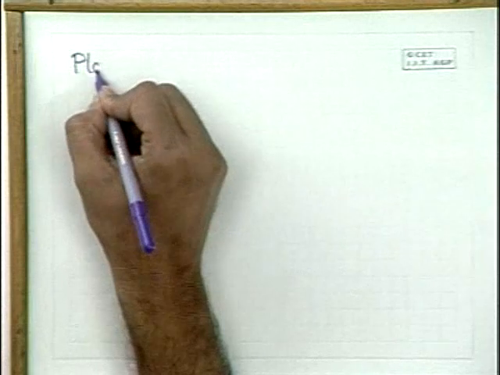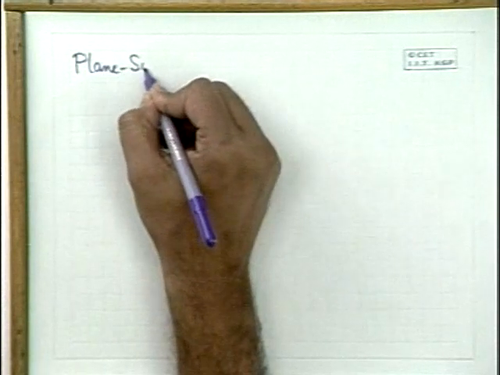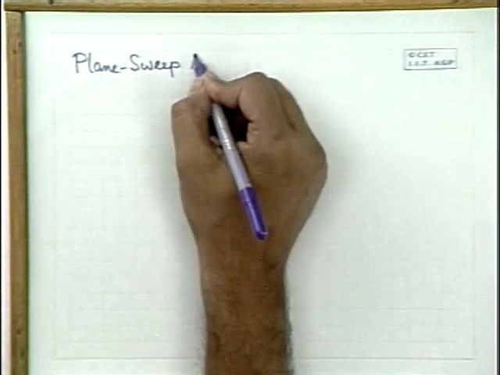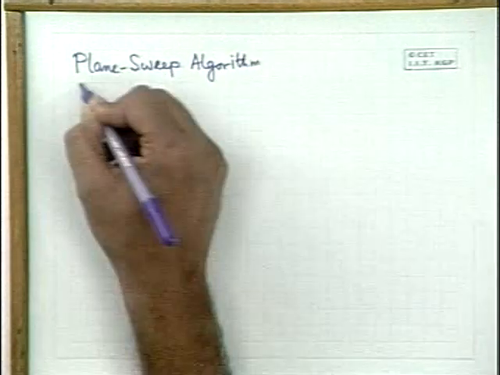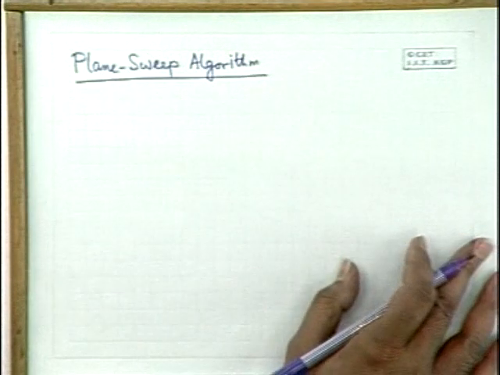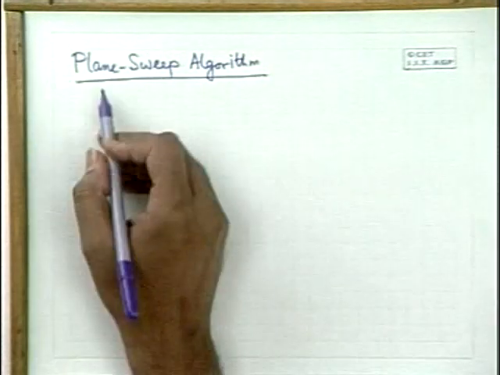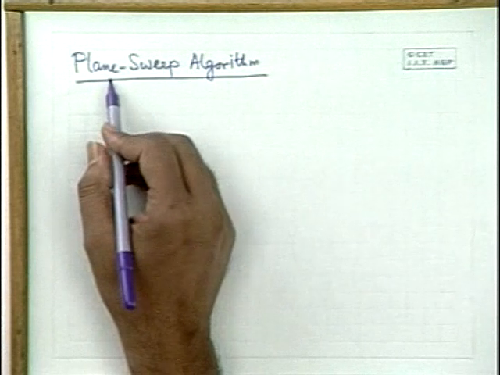Now I am going to give one algorithm for computing the convex hull. There are several algorithms for computing the convex hull. I am going to tell you only one of them, which is called the plane sweep algorithm. Before I go into the details, let me tell you why it is named like this.